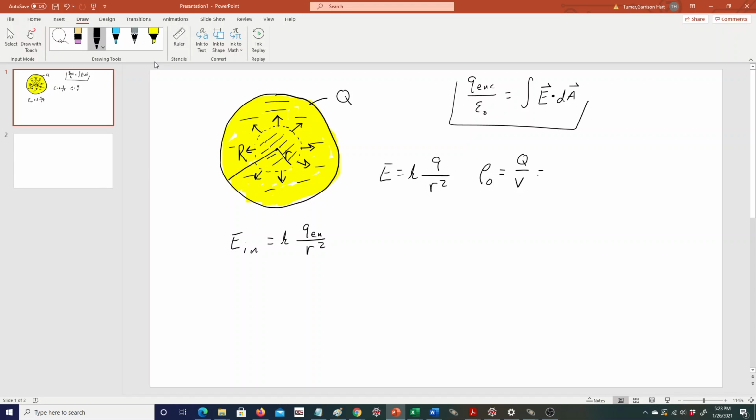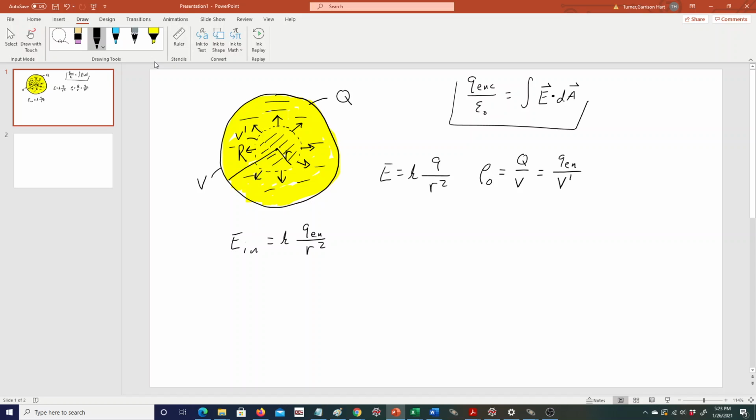But because the charge density is constant, the sphere is symmetrically charged, then that also means that the amount of enclosed charge from our Gaussian sphere, and I'm going to label our total sphere volume V, and our Gaussian sphere, I'm going to give it volume V prime. Okay? So these ratios must be the same.